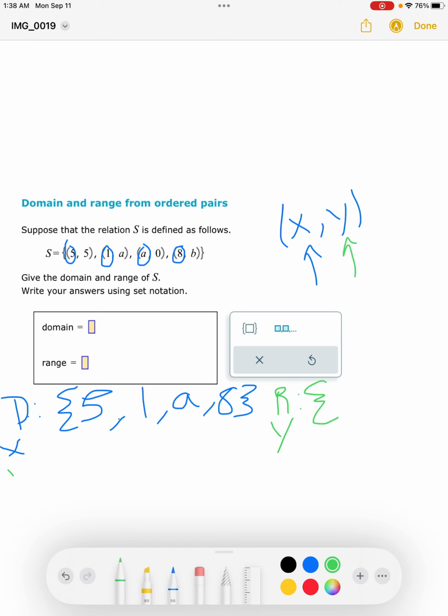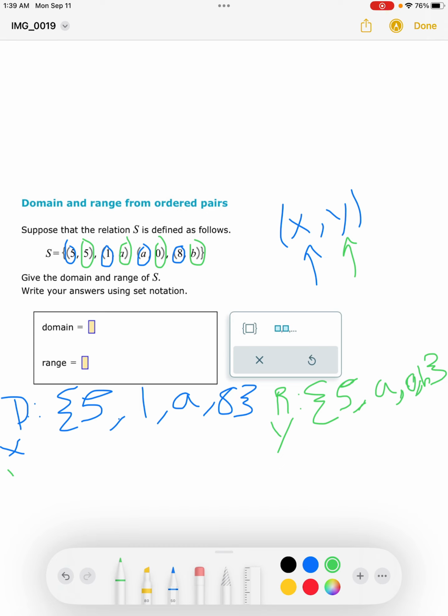So I put my fancy bracket, and I go through and I say, what are all my Y values? What are all the second spots in the coordinate point? 5, A, 0, and B. And I write my fancy bracket. And just notice that I'm also putting commas in between each of my answers. You will have to do that as well.